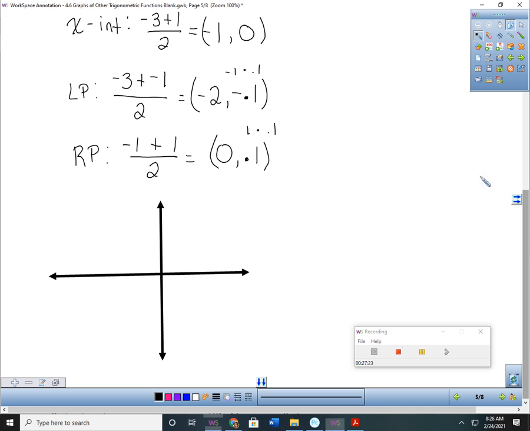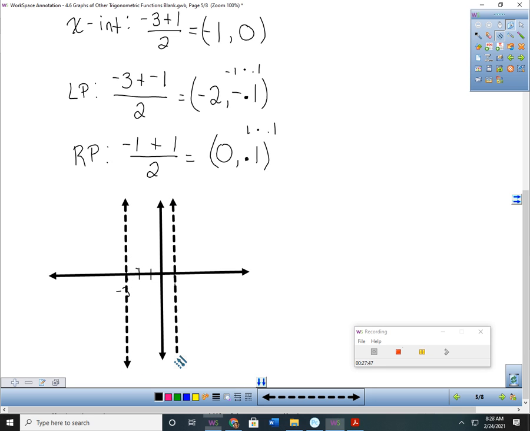All right, so my asymptotes are at negative 3 and 1. So 1, 2, 3, and positive 1. All right, my x-intercept is at negative 1, 0.